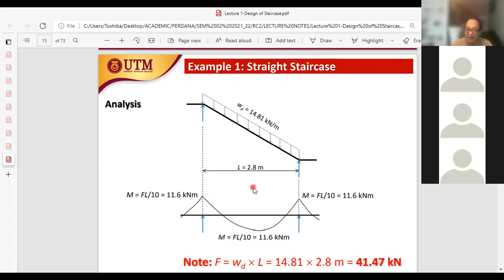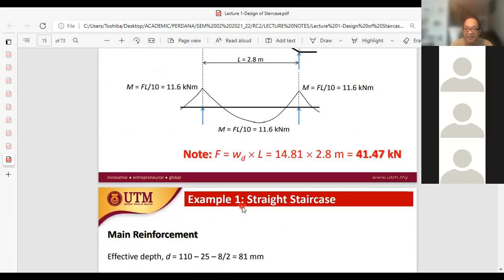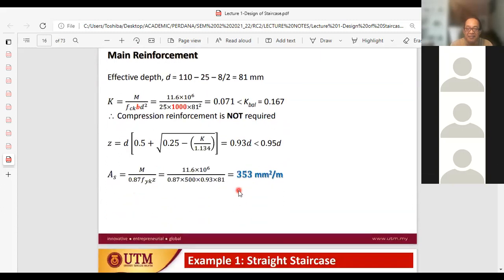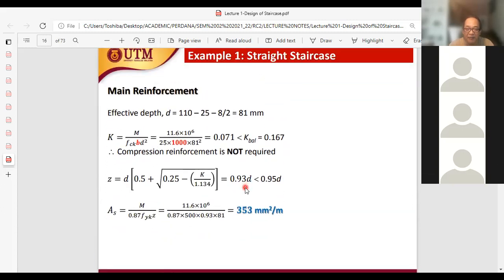Bukan macam beam. We have 250 kilonewton meter, 300 kilonewton meter, the bending moment untuk beams, typical beams. Now we are dealing with just bending moment 11, 15, 20, 30 kilonewton meter. So naturally, we would not be expecting any doubly reinforced section. Okay, everything will fall under singly reinforced.